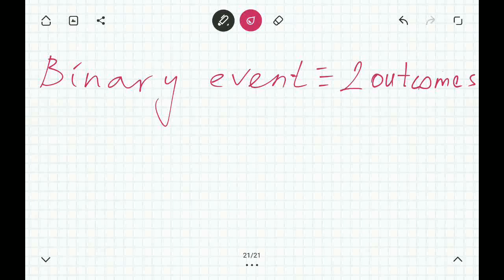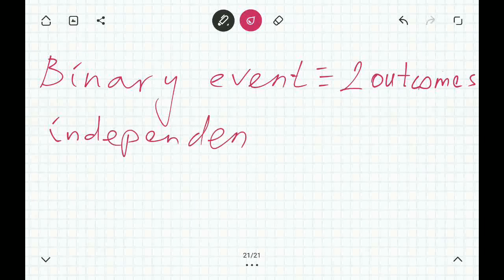So I want binary events which are independent, and which have the same frequency, the same probability.